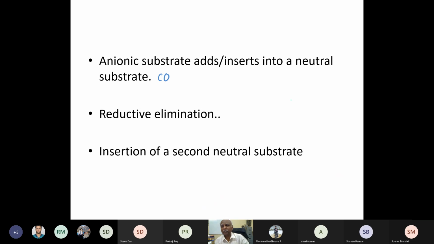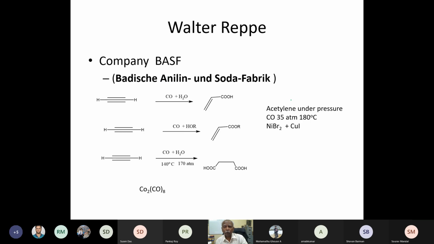Okay. In all these reactions, an anionic substrate inserts into a neutral substrate, and reductive elimination and migratory insertion reactions dominate the key steps. Okay, now I come to the other group of reactions where it is not migratory insertion of an anionic substrate or a 1-electron substrate, but it is reactions where you have two 2-electron ligands which are interacting.